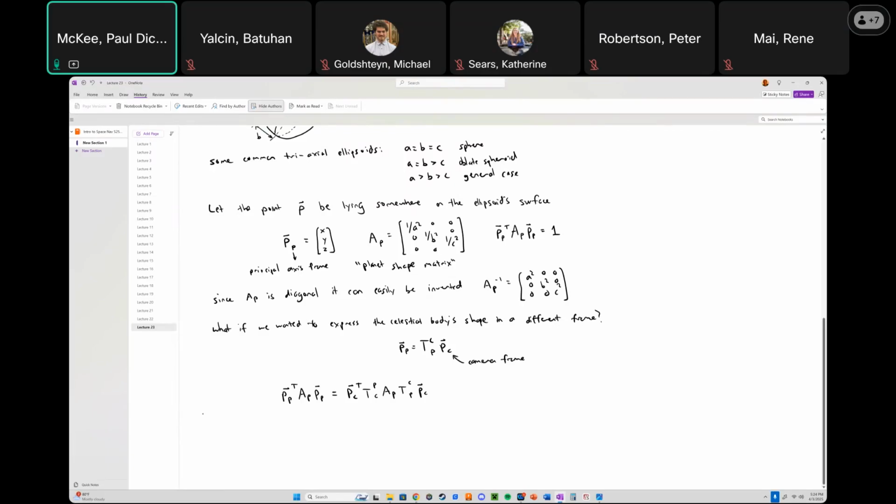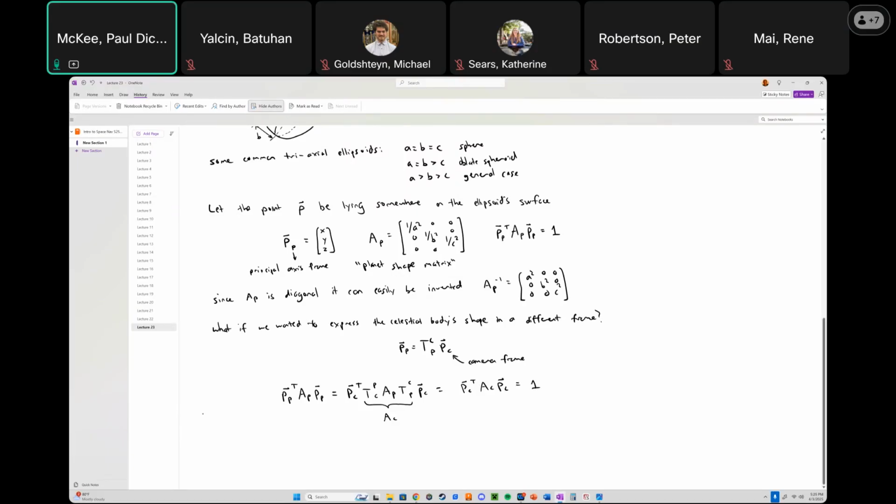All we did is make this substitution, T_CP P_C in for P_P in the previous equation, and you get this, where we can say this right here is just A_C. Okay, and now we've got P_C transpose A_C P_C, which is still equal to 1.